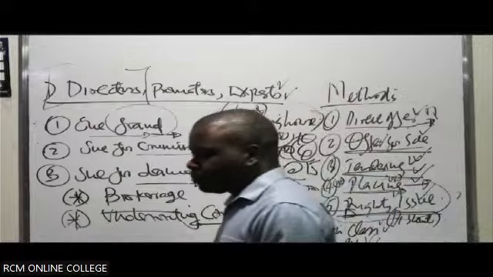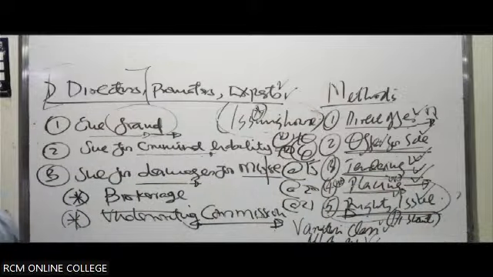My quiz is based on the methods of issuing shares. Among the methods of issuing shares, number 2 is offer for sale.